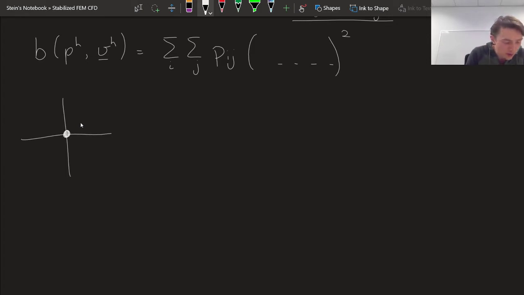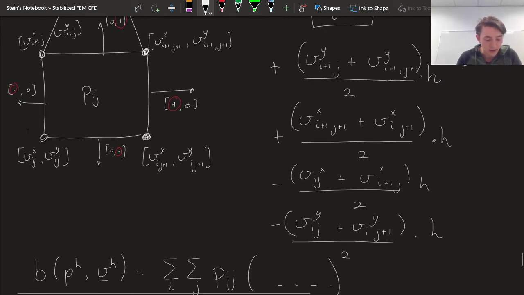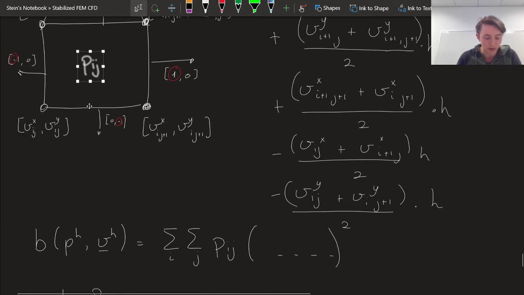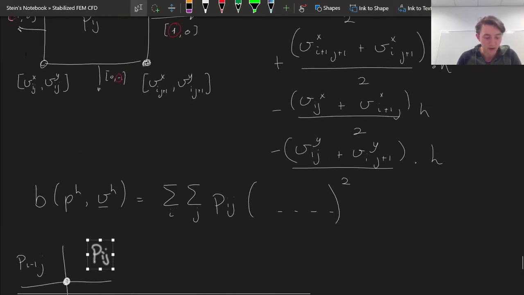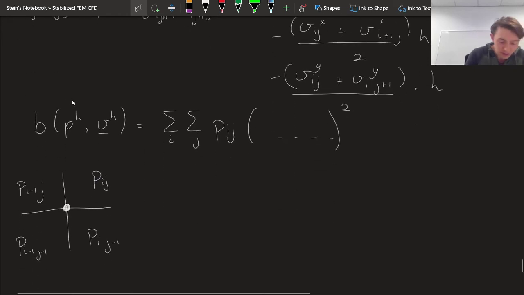So on the upper right, I'll have Pij, and on the lower left, I have Pi minus 1, j minus 1, and then Pi j minus 1, and Pi minus 1 j. So I'm taking this node here, where Pij is on the top right, and that's also where I called my velocity simply ij. So this is going to be Vij in x and Vij in y.